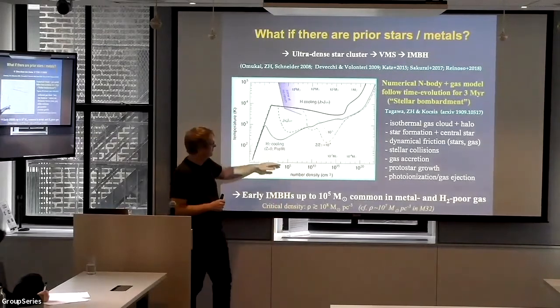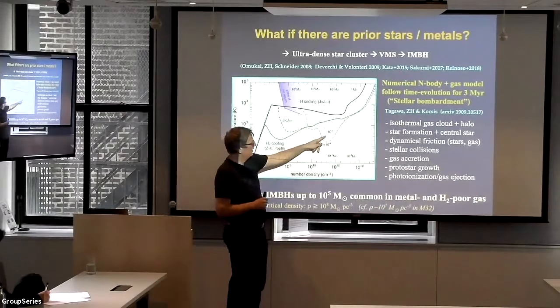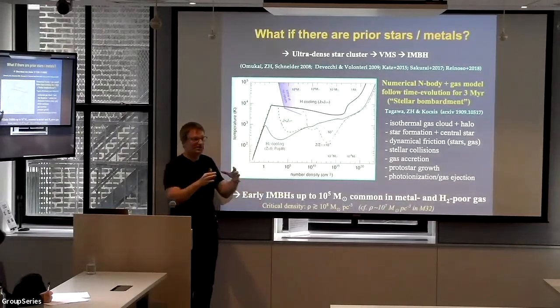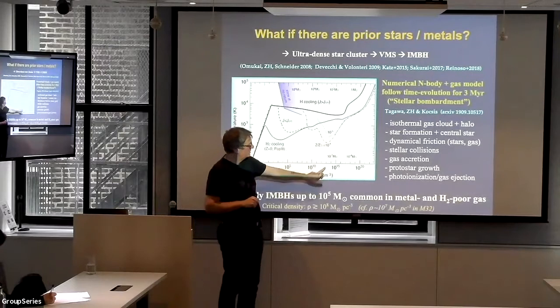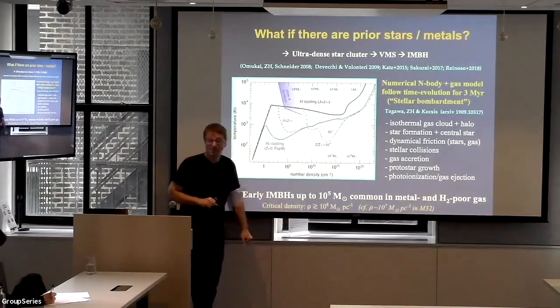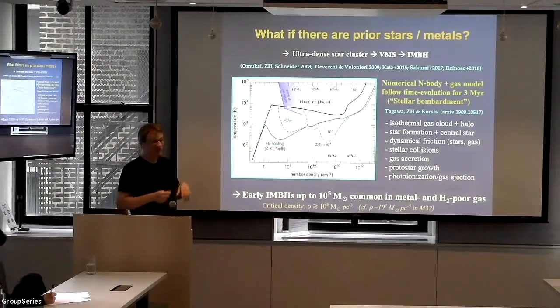So this is a very different scenario. These are clouds that collapse to very high density due to Lyman alpha, and there they start to lose their temperature, and then there's fragmentation, and it happens at extremely high densities. So the result of this process is a very, very dense star cluster.